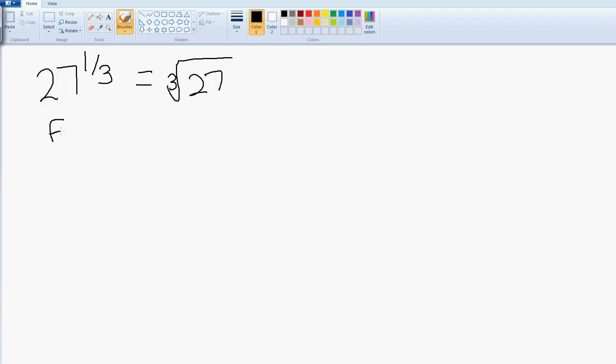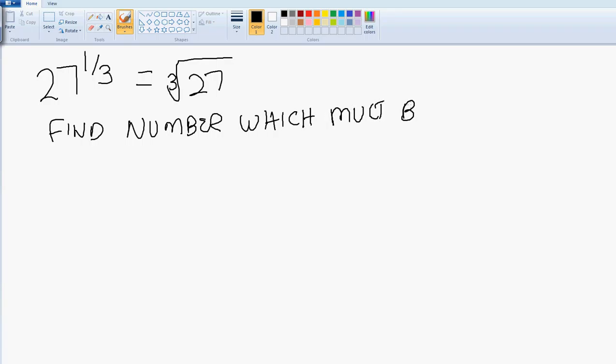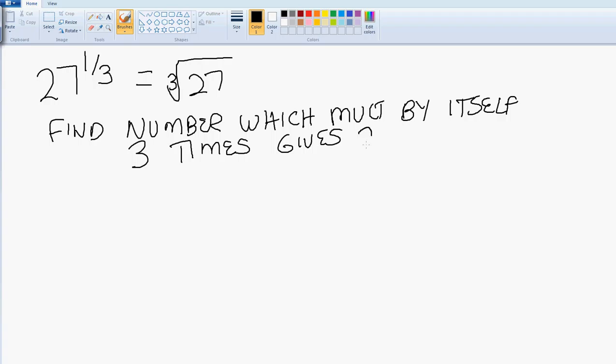That is, you're finding a number which multiplied by itself three times gives 27. Okay? So what number times itself three times gives 27?